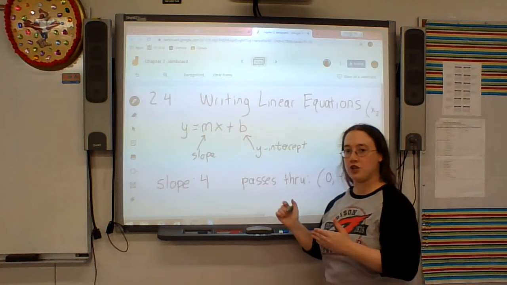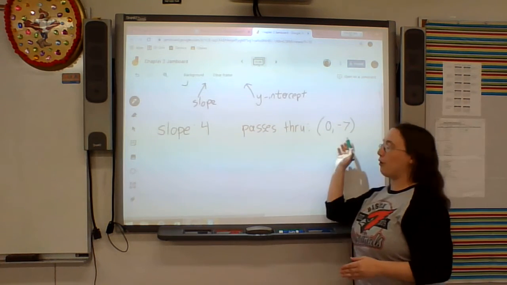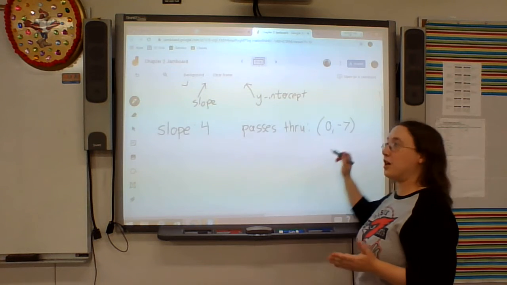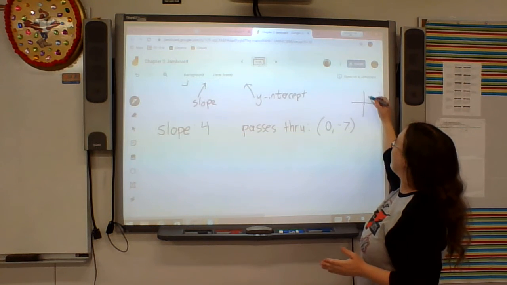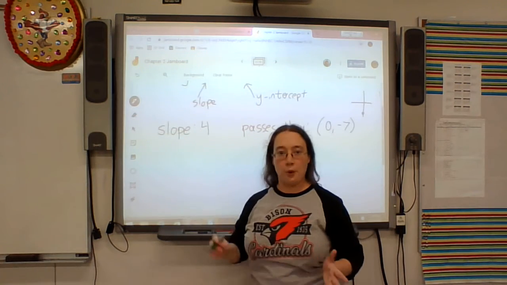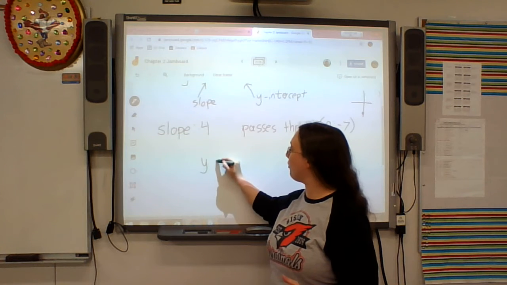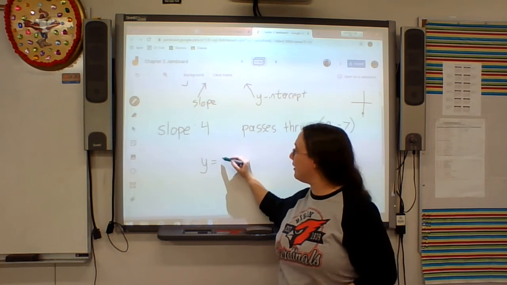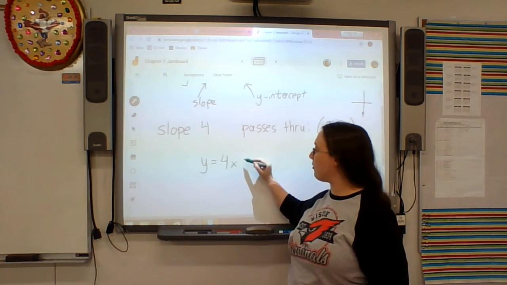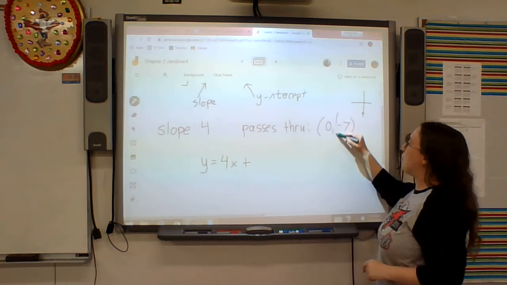So if we want to write an equation in slope-intercept form and we have our slope and our y-intercept, say a line that passes through (0, -7), which is your y-intercept because (0, -7) is along your y-axis, and we want it to have a slope of 4, we're just filling in numbers. So we've got y equals, and then m is your slope, times x, plus, and then b is this part of our point.